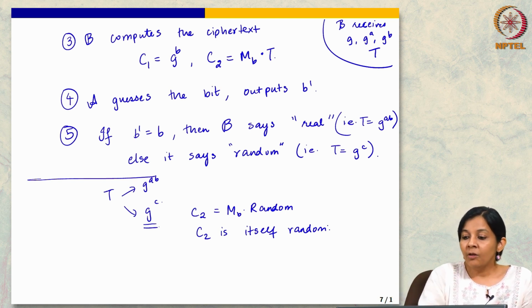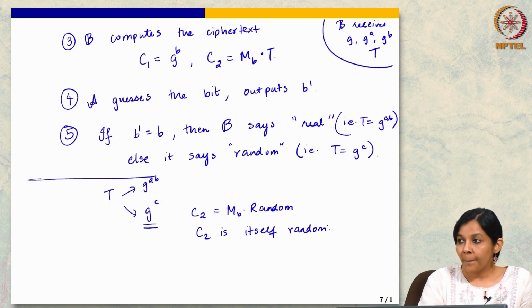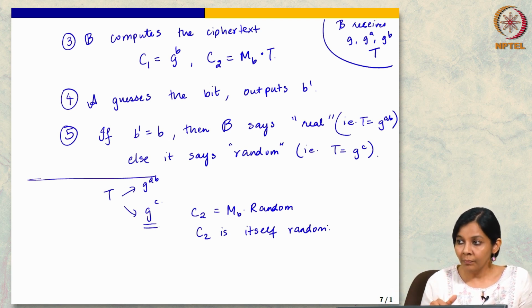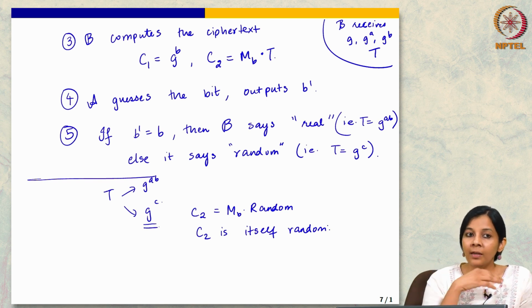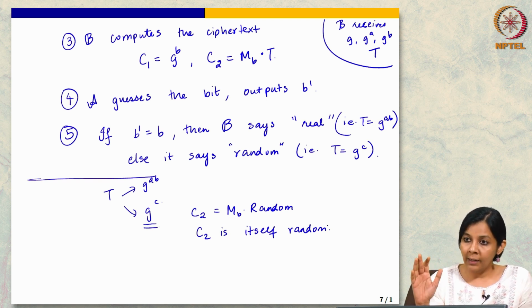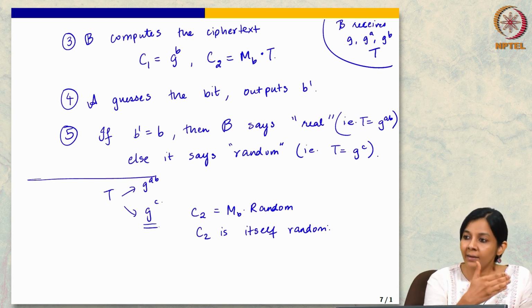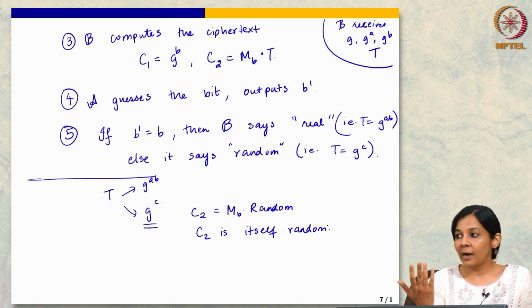So, basically if the attacker guessed wrong, it makes intuitive sense, right, that if you could not guess, maybe you claim that you have an advantage in breaking my scheme, right. But if I give you something where the bit is information theoretically hidden, right, then obviously you cannot have an advantage, right. So, if you did not guess, then I will say that the target that I received was actually truly random.